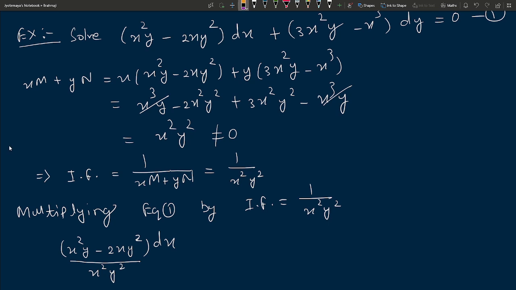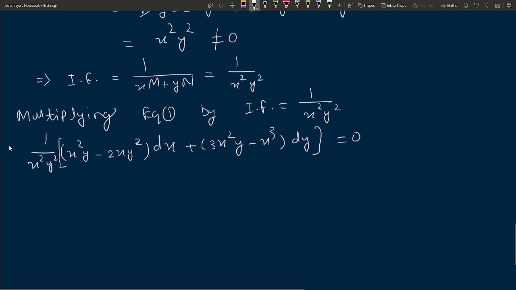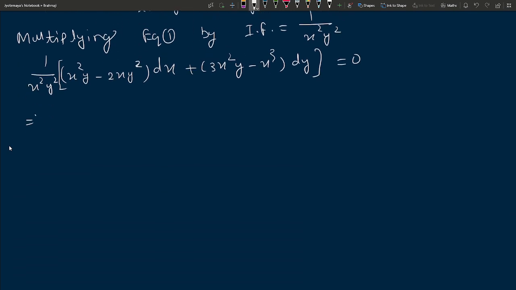Understood? And I'll simplify this: 1 by x square y square whole into this, plus (3x square y minus x cube) dy equal to 0. Anything into 0 is 0. Now multiplying by 1 by x square y square is the same as dividing by x square y square.